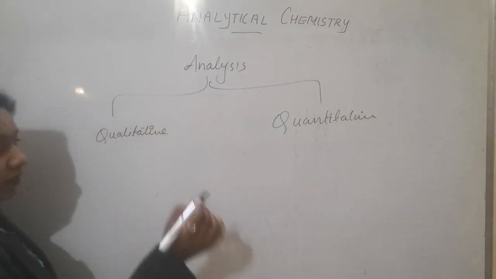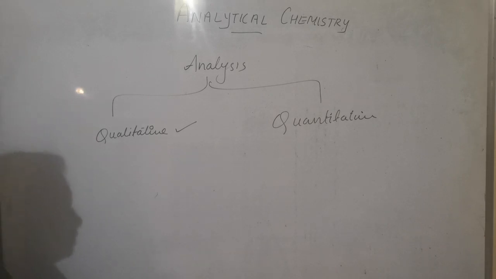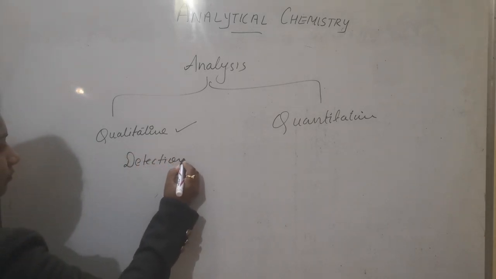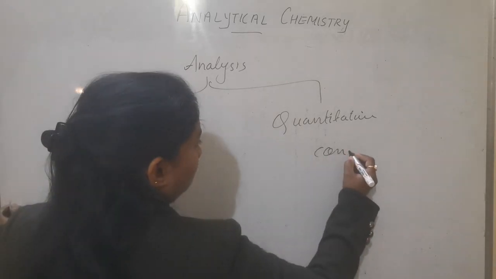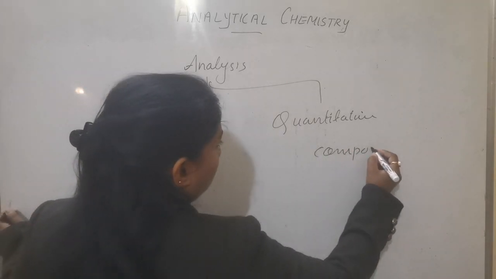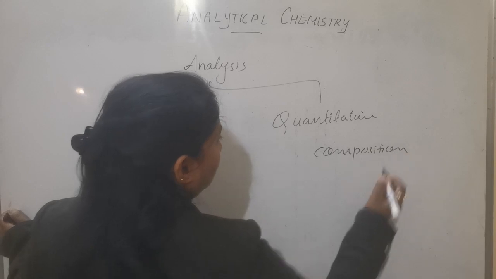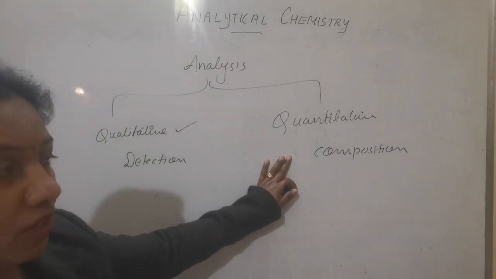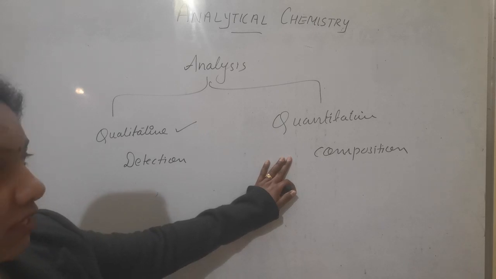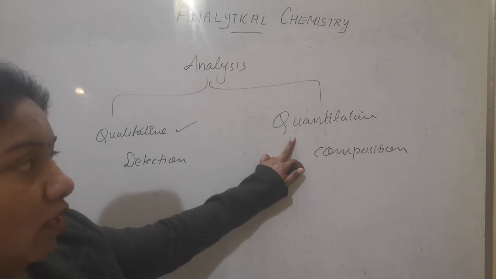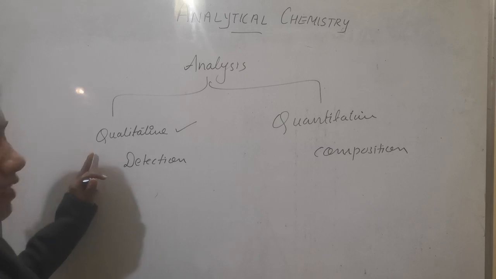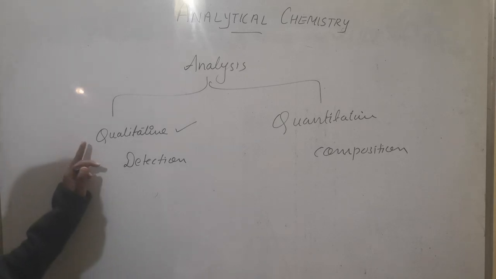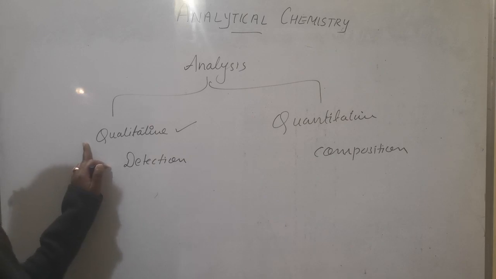So here in this chapter we are going to do qualitative analysis, means only detection. If we have to determine the composition of the given substance, then it could be done by quantitative analysis, whereas if only we want to detect the presence of certain salt, that could be done in qualitative analysis.